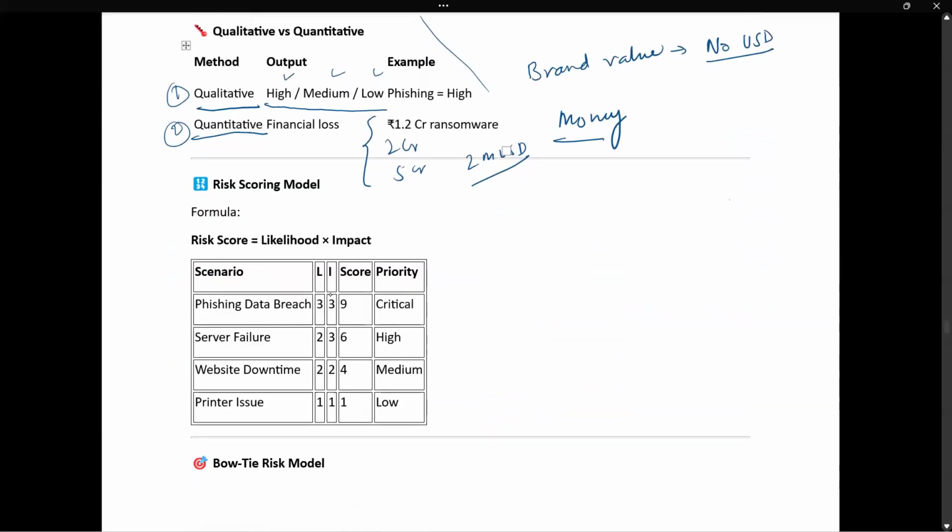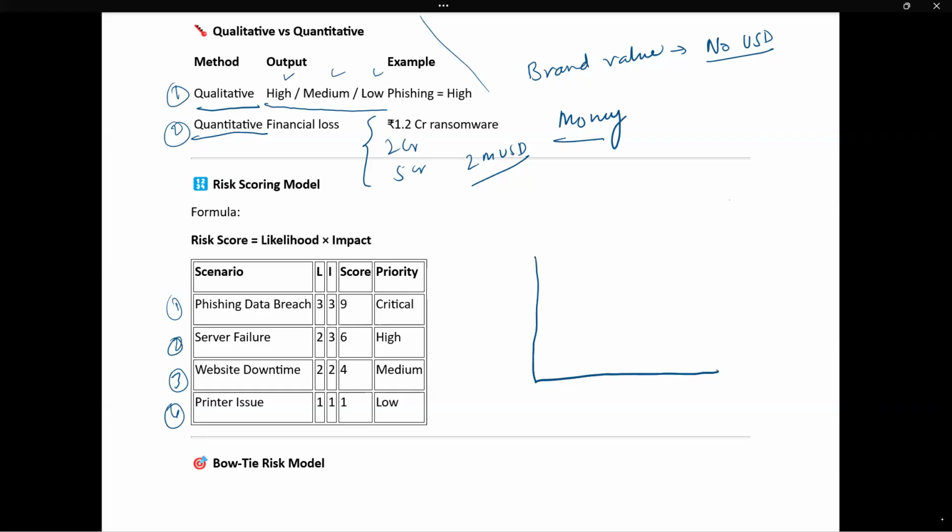Okay. So now let's talk about the risk scoring formula. For example, these are the risks. There are 4 risk issues here. Phishing data breach is going to be a risk on a scale of 9. How? I'll put up the graph again.